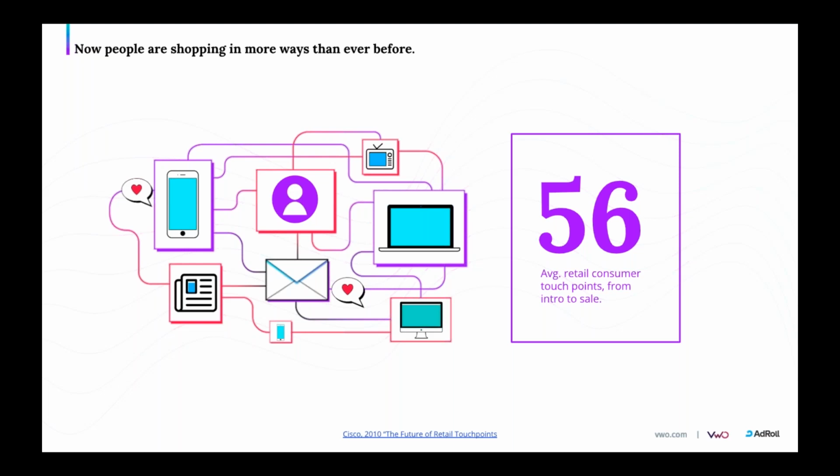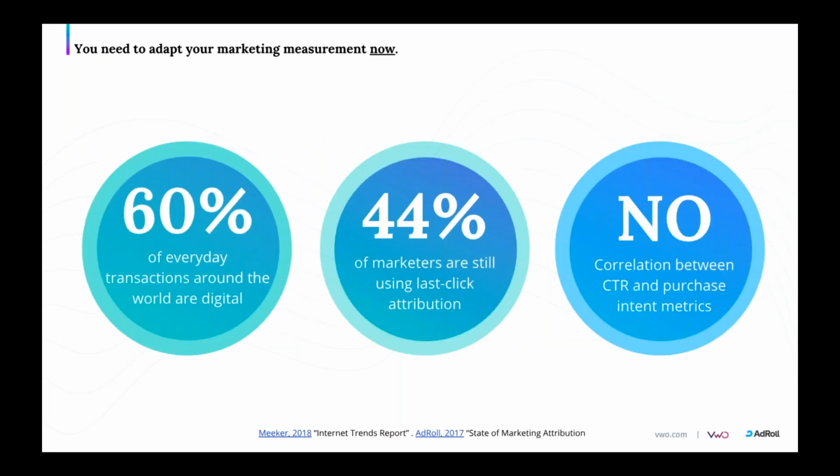So what does this mean? It means that it's really important for marketers to adapt their marketing measurement now. 60% of everyday transactions around the world are digital. I know this is only going to keep going up over time. However, 44% of marketers are still using last click attribution. However, there is no correlation between click-through rate and purchase intent.